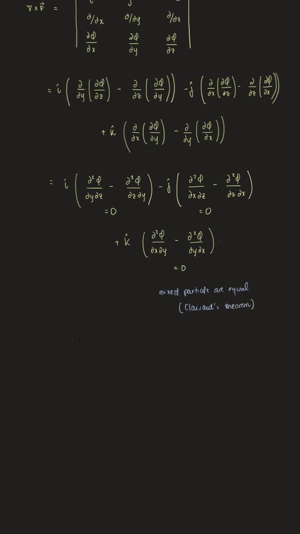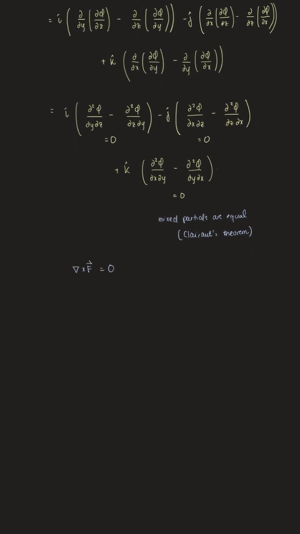And so we have found that the curl of a conservative vector field equals 0. Now, we can also say this as follows. We can say the curl of a gradient field equals 0, which means that any gradient field is irrotational.